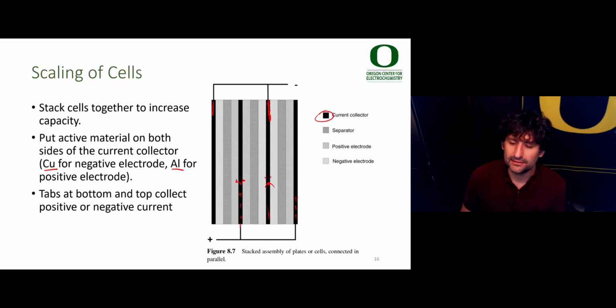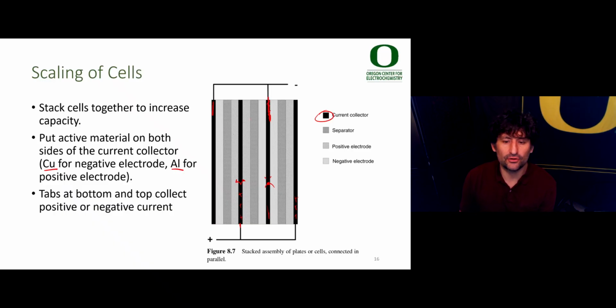But the tabbing does become a little complicated because you do need to connect each one of these tabs in order to make this sort of design work. Note this is different than the bipolar electrodes we talked about in the fuel cell and electrolyzer geometries, because these positive and negative electrodes are made out of different materials.